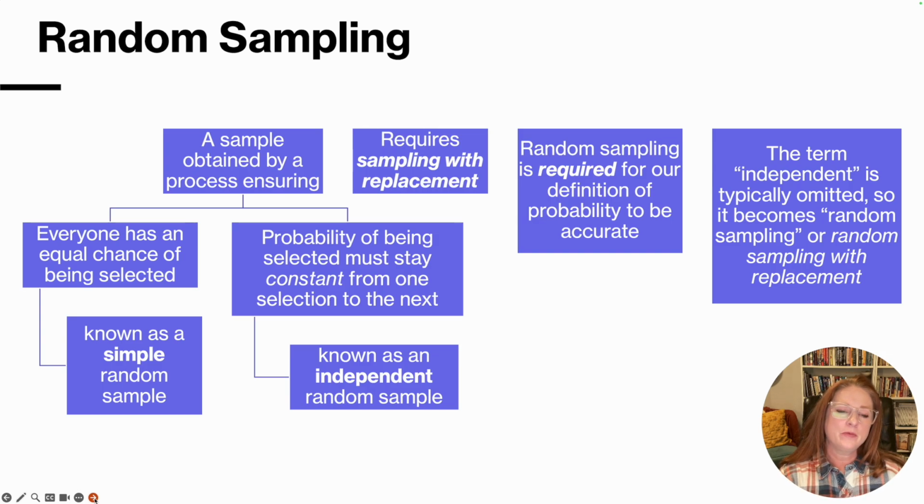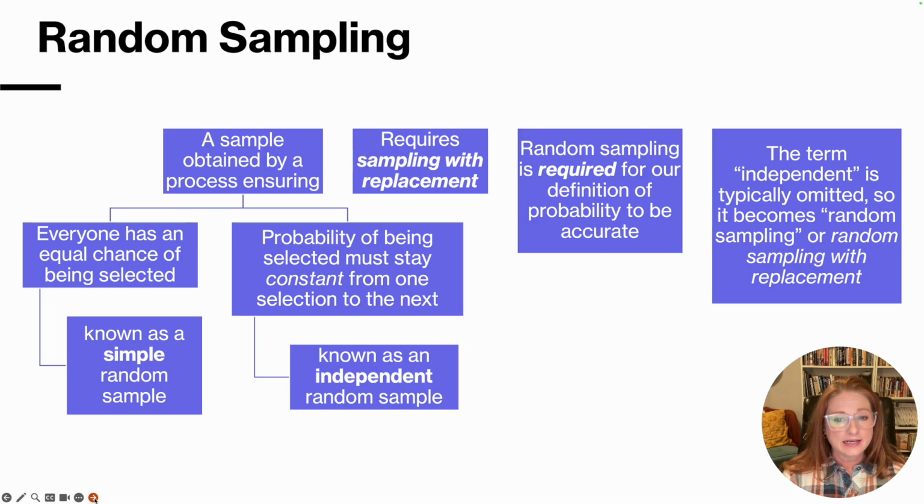The probability of being selected must also stay the same, or constant, from one selection to the next, as if you are constantly choosing from that same bucket. This is also known as independent random sampling, which requires sampling with replacement.